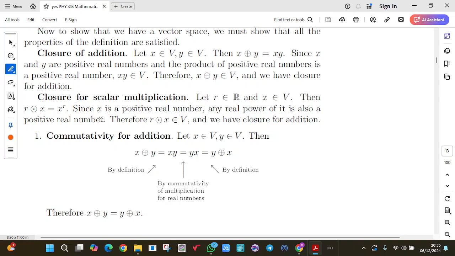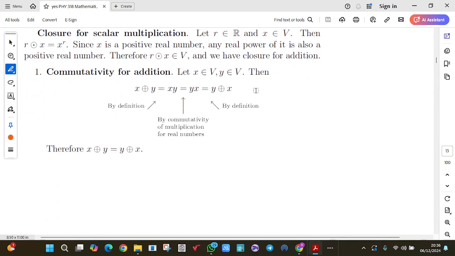It's true, sir. So therefore, this operator is closed. This dot, belonging to this set V, is also closed for addition. Okay, sir.